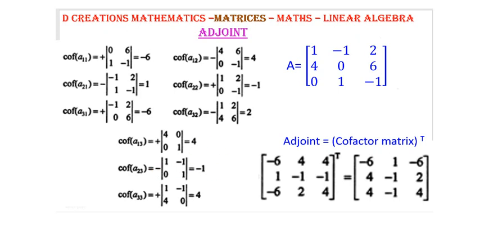And now finally we go to element A33. That means exclude row 3, exclude column 3. So you are left with 1, minus 1, 4, 0. 1 into 0 is 0. Forget about it. Minus 4 into minus 1, which is minus of minus 4, which is plus 4.